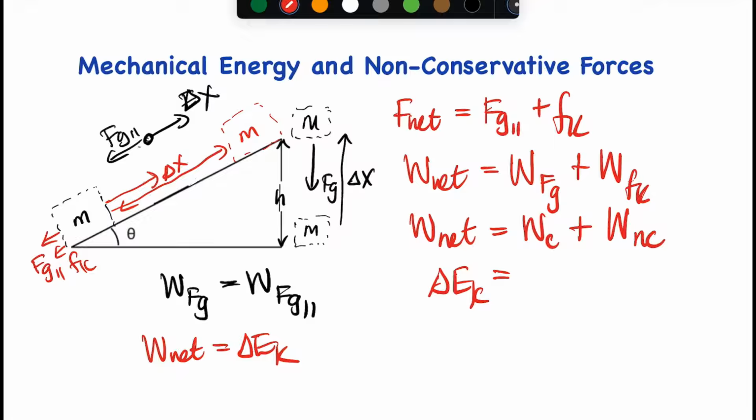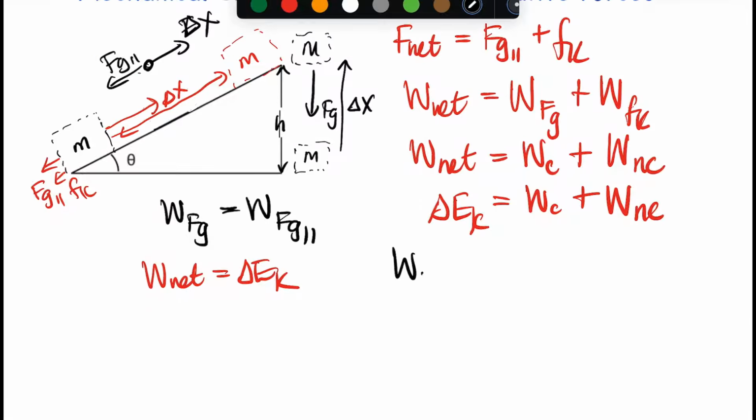Now there we still have the work done by the conservative force and the work done by the non-conservative force. Since I've mentioned earlier that gravity is a conservative force, we can simply say the work done by the conservative force is equal to Fg delta x cos theta.